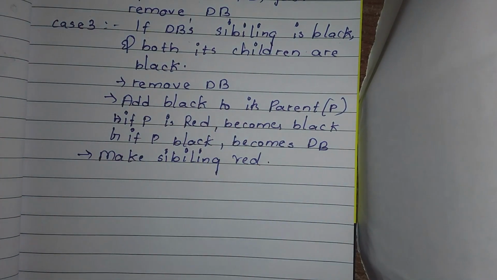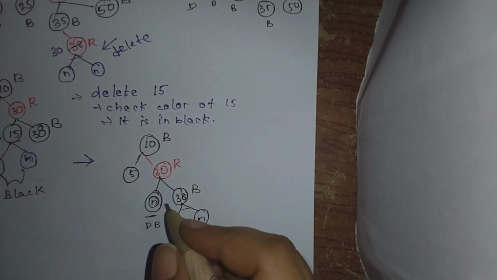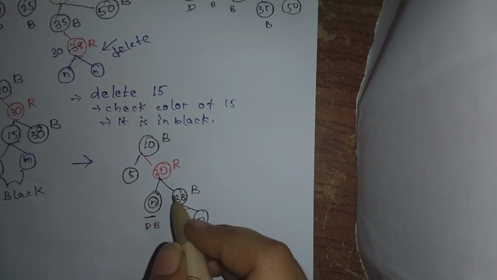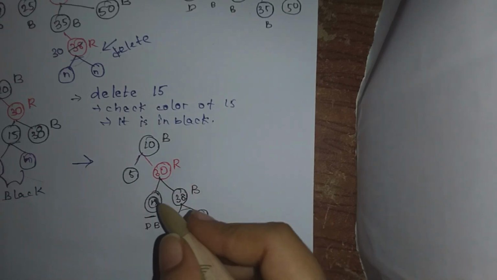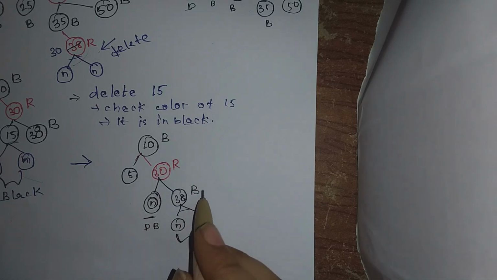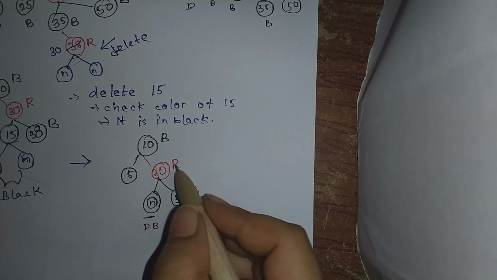If the sibling of the double black is black, the double black is given to the parent, which is red in color. So what will happen? The sibling is black and contains two black children.